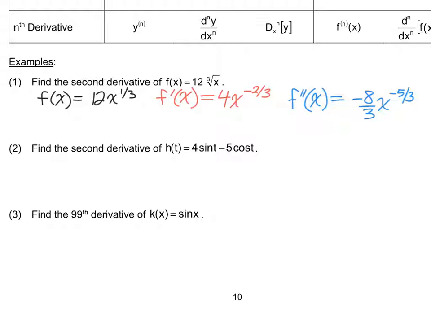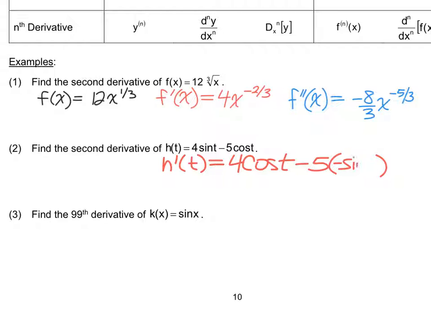All right, so h prime of t, first derivative. What's the derivative of 4 sine t? Well, what's the derivative of sine? Cosine. So it's 4 cosine t. Minus 5, and what's the derivative of cosine?